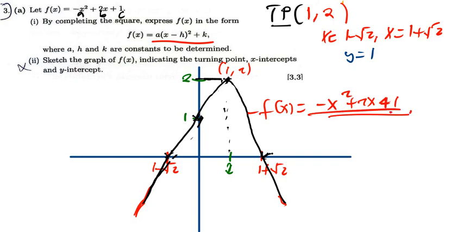As simple as that. So it is not complicated to do the completing square method. Here I've exhausted almost everything.